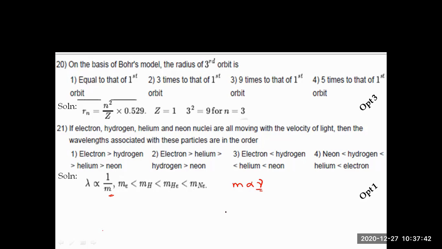Energy of the particle obviously increases when mass increases. This is nothing but energy. Okay. So option 1 is correct. When mass of electron is less, its wavelength will be more. Shall I proceed now? Yes, sir.